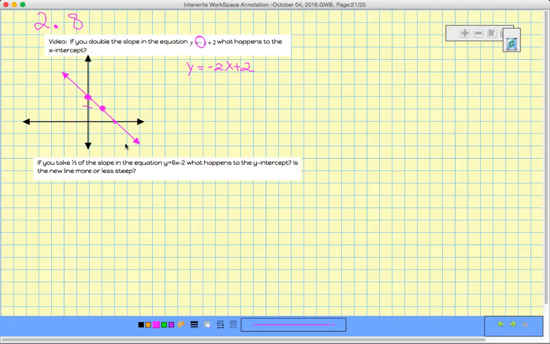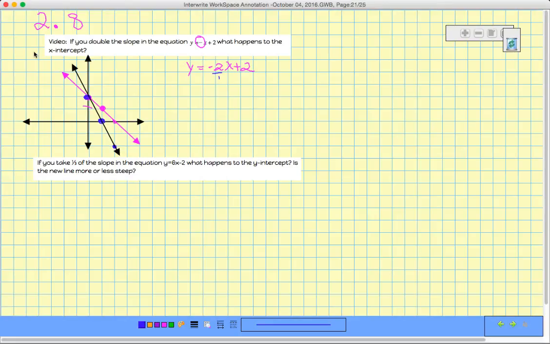My second one still starts here at 2, but now its slope is negative 2. So it means I go down 2 over 1, down 2 over 1, like this. And if I draw that line, it looks like that.